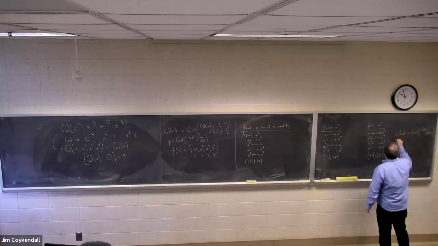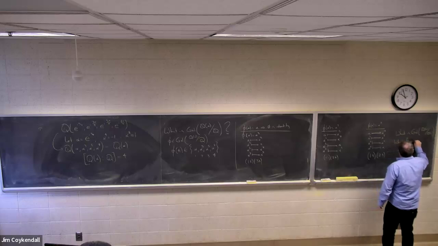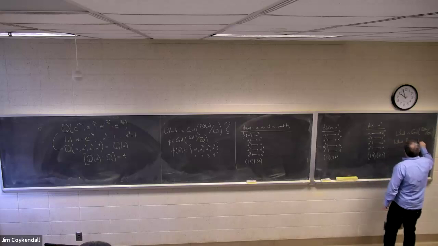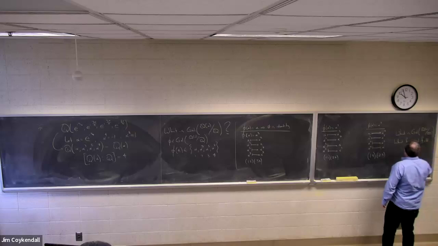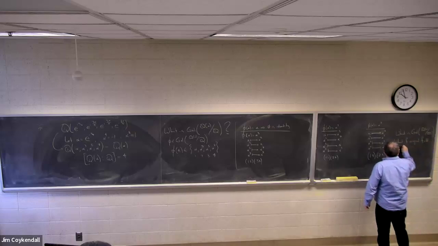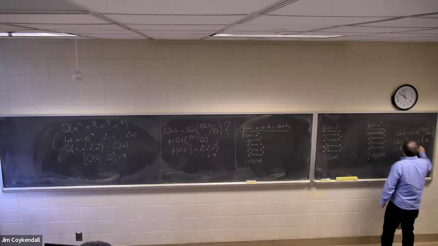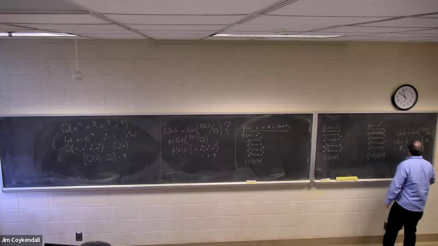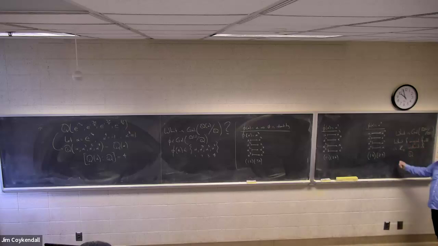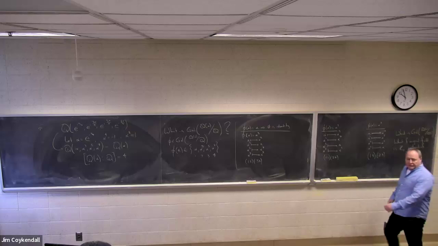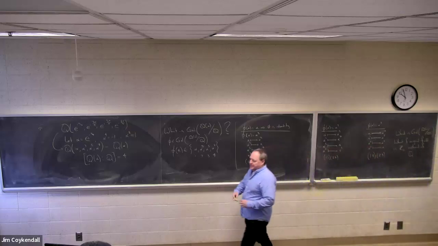And what if the original field is Z mod 2 instead of the rationals? In other words, do this problem again with x to the 4 plus 1 being over this field instead of over the rationals. See what you come up with.